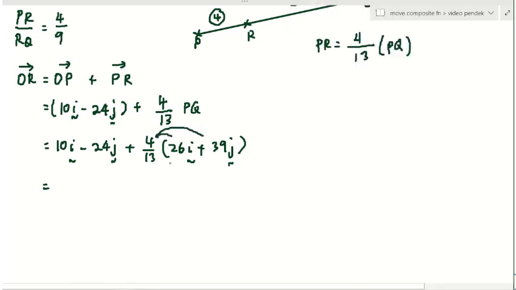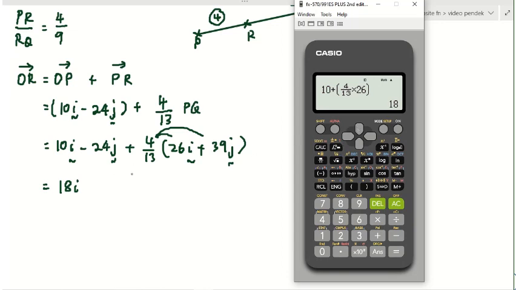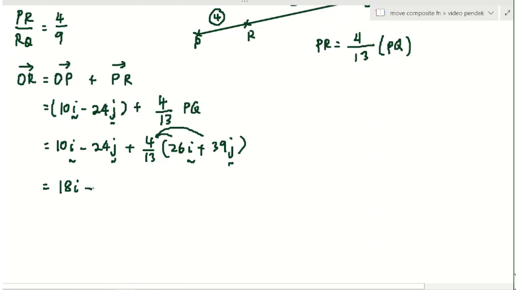This is an expansion. It is equal to 18I. And for part J, it is negative 24 plus the multiplication of 4/13 multiplied by 39. It is equal to negative 12J. Here is the answer of OR.